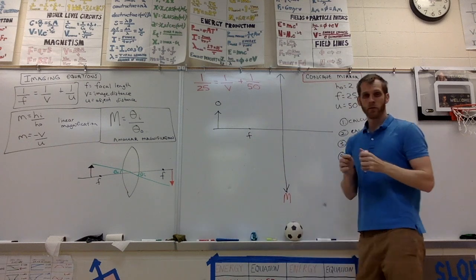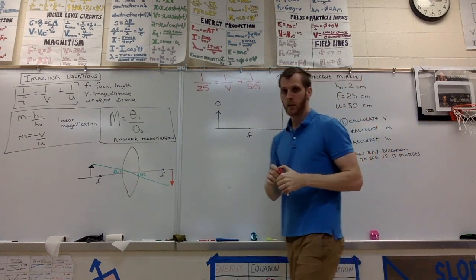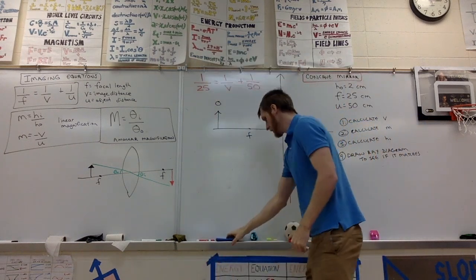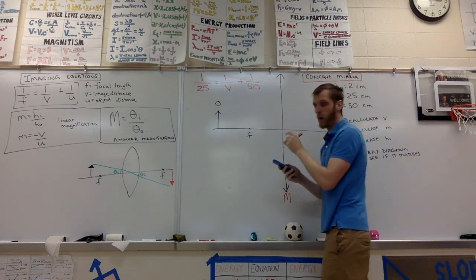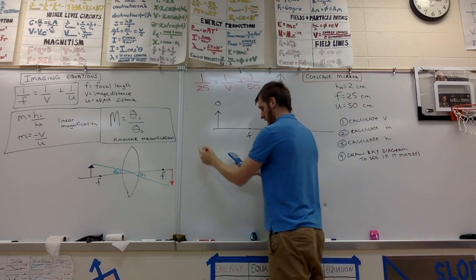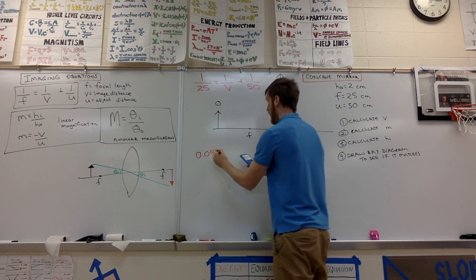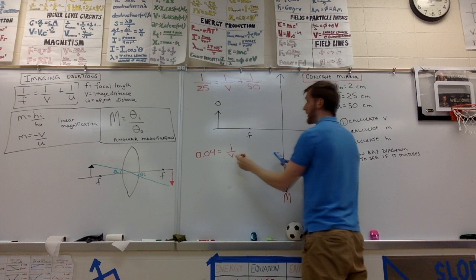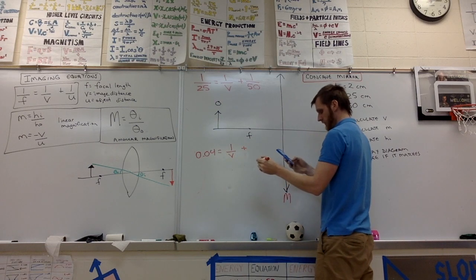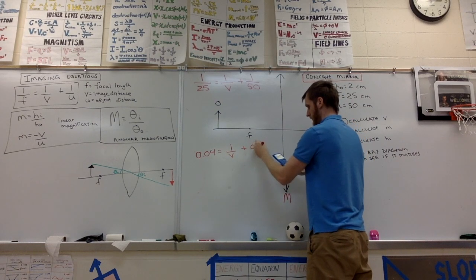All right, so solving for v. 1 over 25 is 0.04. 0.04 equals 1 over v plus 1 over 50, which is 0.02.